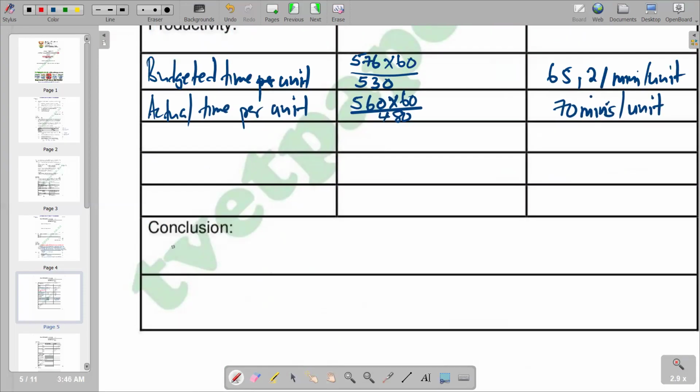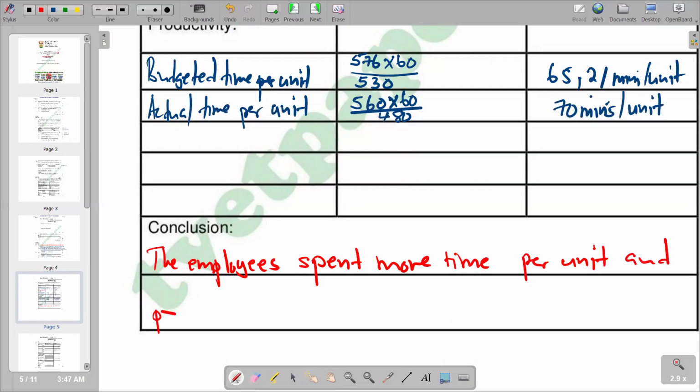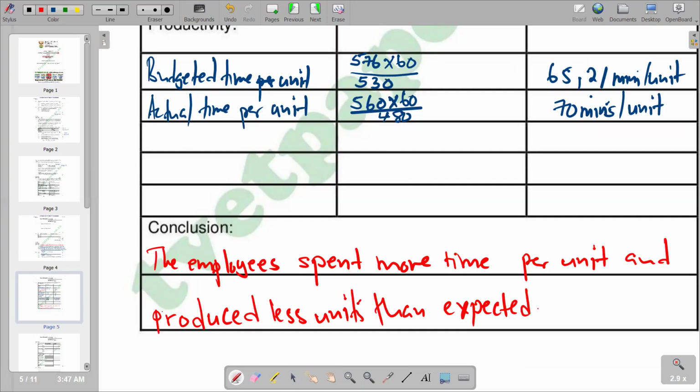So basically, we are saying in our conclusion, the employees spent more time per unit and produced less units than expected. Therefore, they were not productive.